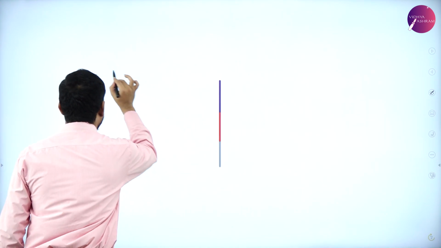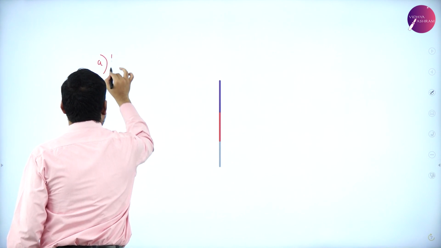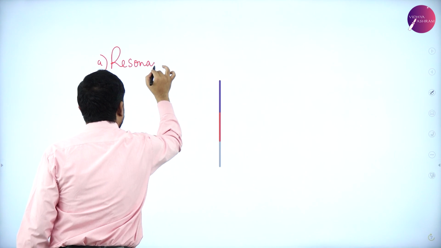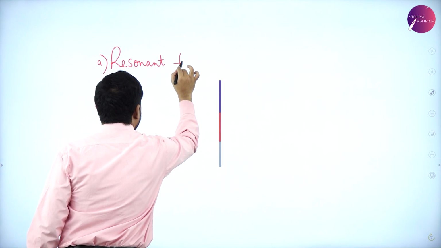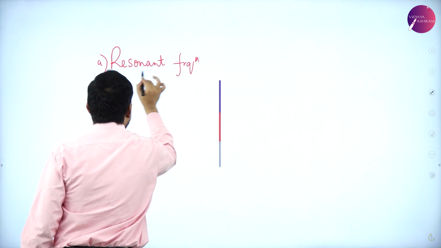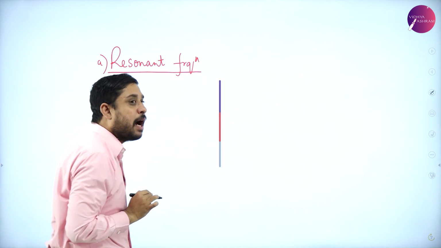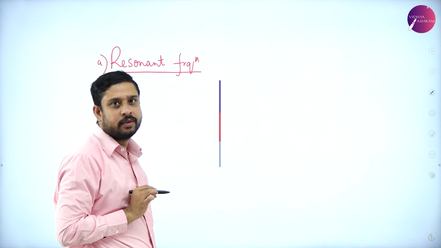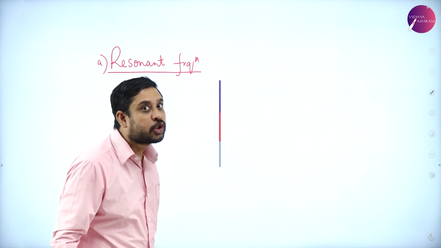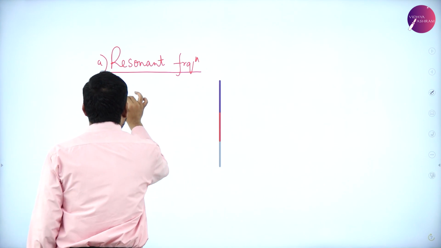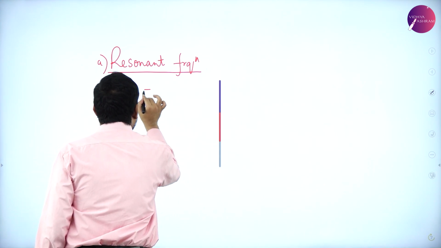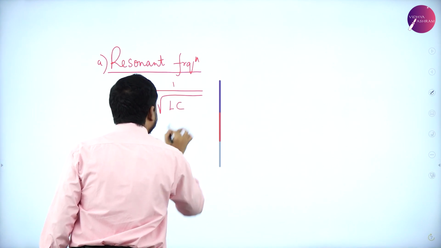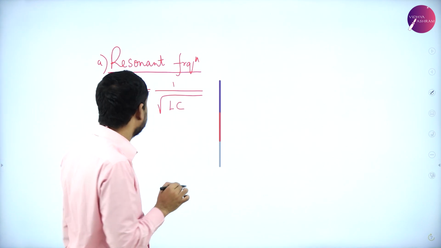Now first, I will calculate the resonant frequency, which I keep in terms of omega naught, because with that I can calculate quality factor, and I know omega naught is 1 by root LC.